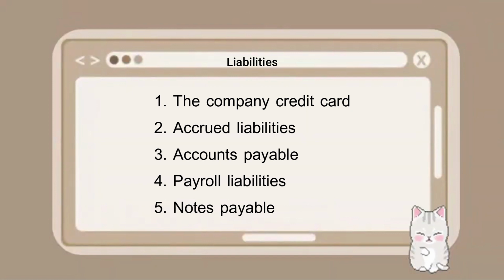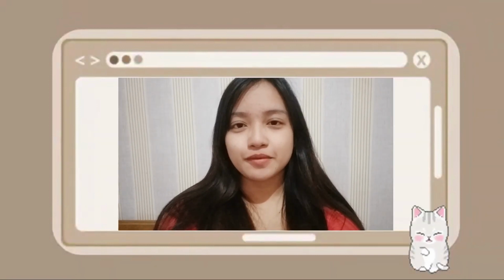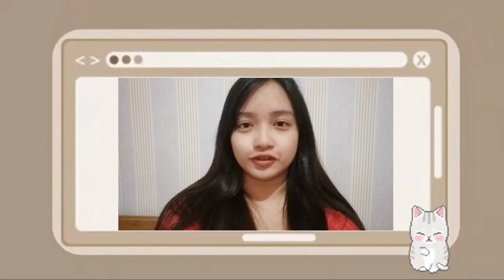Liabilities accounts may have sub-accounts such as the company credit card, accrued liabilities, accounts payable, payroll liabilities, and notes payable. And lastly, shareholders' equity can be broken down into the following accounts: the common stock, preferred stock, and retained earnings. Now let me demonstrate how to create an account.